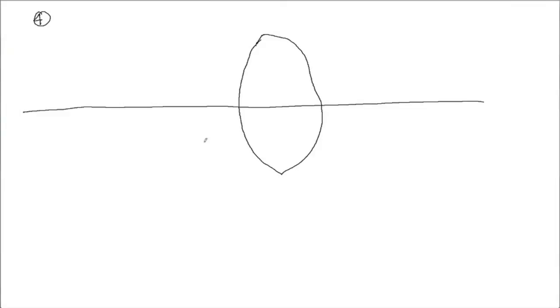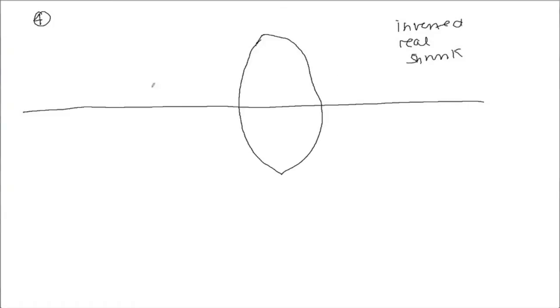The object is 30 centimeters from a convex lens. So this should be like our object with a focal length of 10. That means it's farther away from F. It's a convex lens, so it's converging. And it's farther away, so we know it's going to be inverted, real and shrunk.